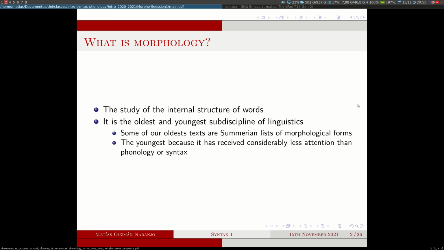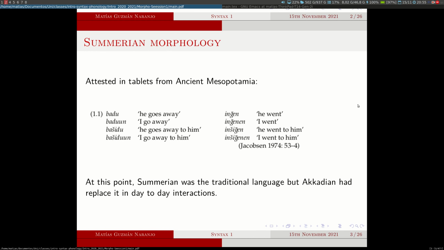And even in the introductory courses of linguistics, morphology tends to get the least attention in comparison to phonology or syntax. So there's that. And full disclaimer, I am a morphologist, so I might be a little bit biased in that sense.